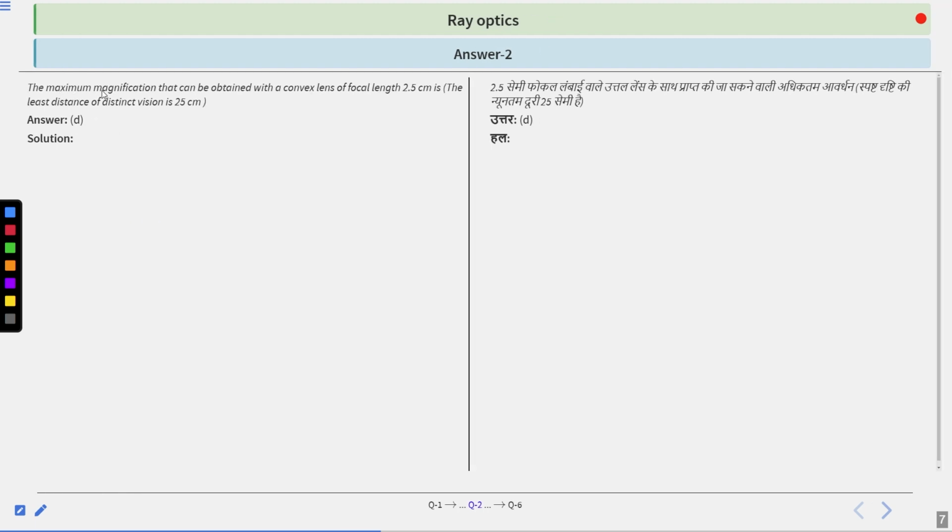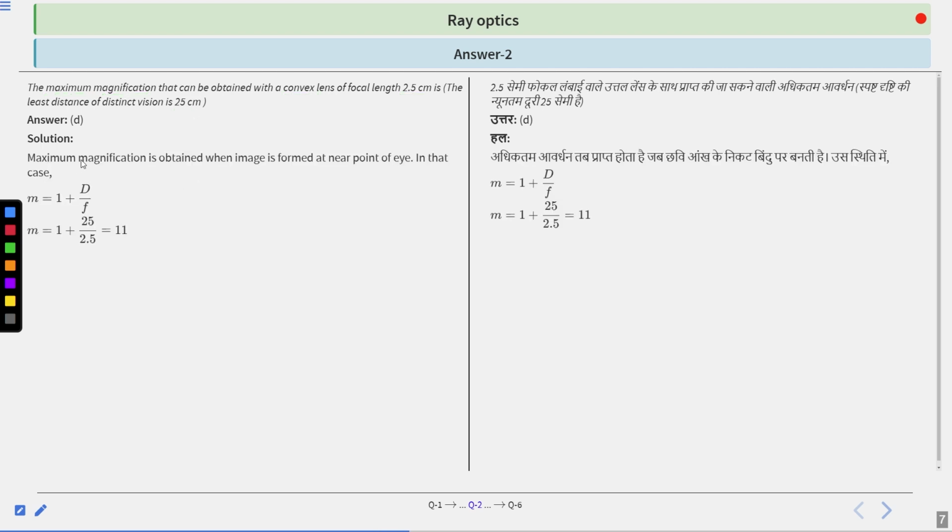This question asks about the maximum magnification that can be obtained with a convex lens. The focal length of the convex lens given in this question is 2.5 centimeter, and the least distance of distinct vision is 25 centimeter.